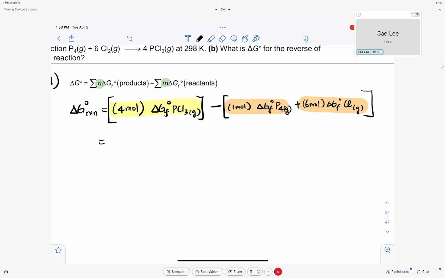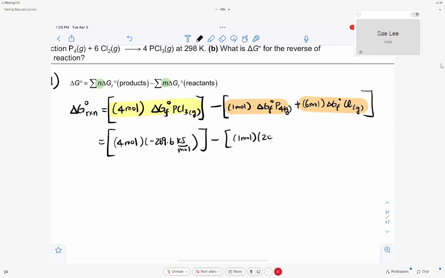If we plug in everything, we have 4 mole times negative 269.6 kilojoule per mole, minus 1 mole times 24.4 kilojoule per mole.